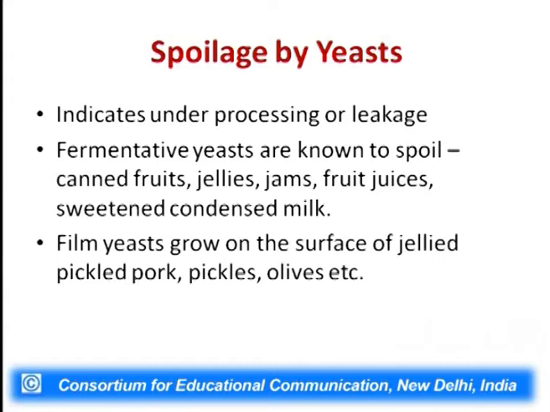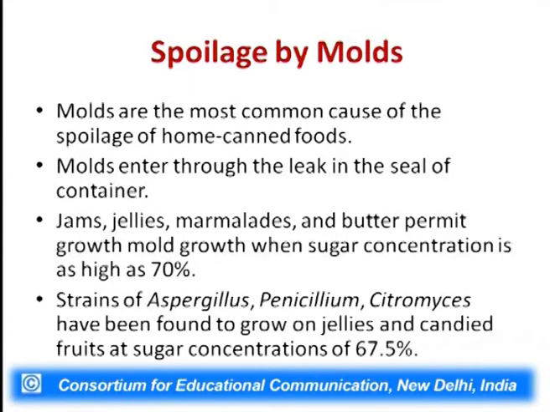Fermentative yeasts are known to spoil canned fruits, jellies, jams, fruit juices and sweetened condensed milk. Film yeasts grow on the surface of jellied pickled pork, pickles, olives and so on.